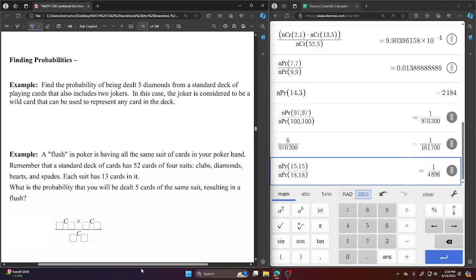It says, find the probability of being dealt 5 diamonds from a standard card deck, including the 2 jokers. With this, what's my total now? 54. In this case, the joker is considered a wild card. It could be representing anything. Okay, so my thoughts on this one is that I have the 3 separate boxes. Again, it says I'm being dealt 5 diamonds.